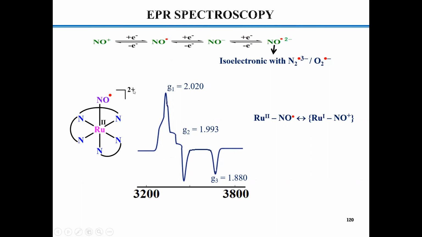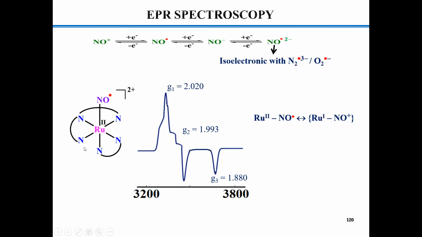Now, if it is 1:2 conducting, what does it mean? It means the metal must be in the +2 state, because NO dot, which has no charge, is a neutral radical. Already we know it. Since it's a neutral radical, the metal has to be in the +2 state. That's why the charge is +2. There is no internal charge balancing over here. So you must have 2 perchlorate, 2 PF6, or 2 some other anions.